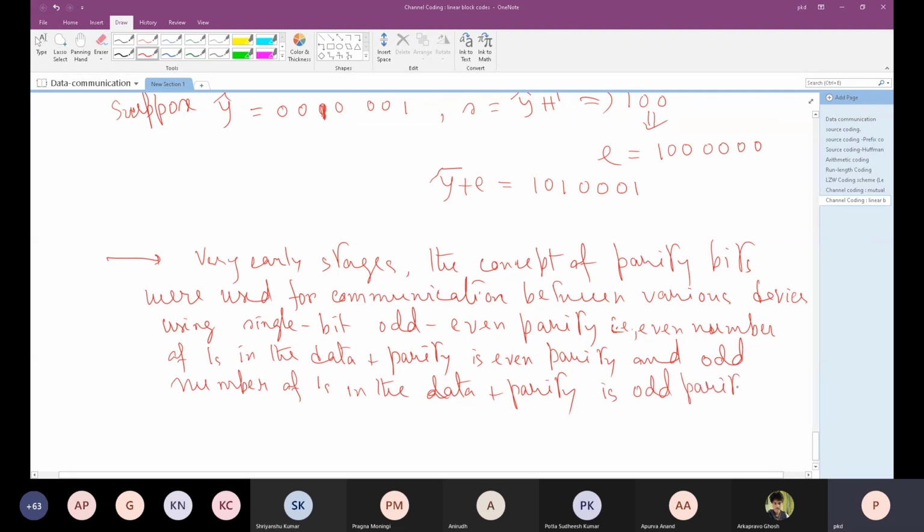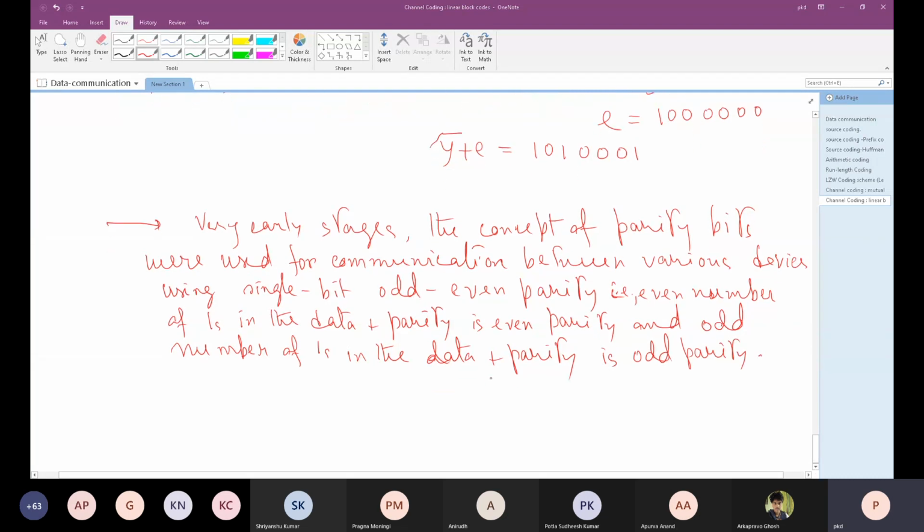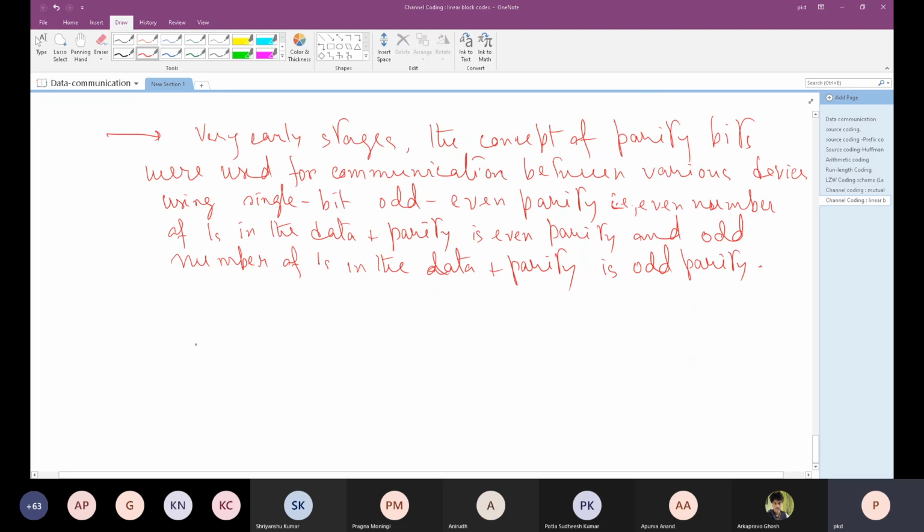So for a single bit, of course, this is the general definition. But for a single bit, that means that an odd number of ones in the data bits gives even parity, and an even number of ones in the data bits gives odd parity. Then that parity bit is added to the data and transmitted.